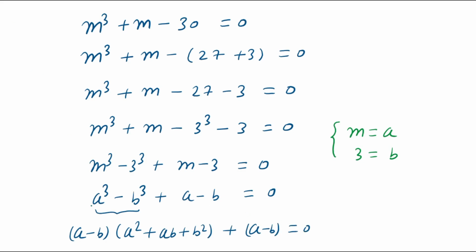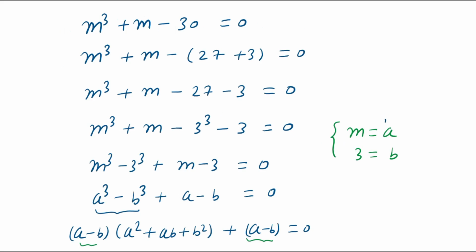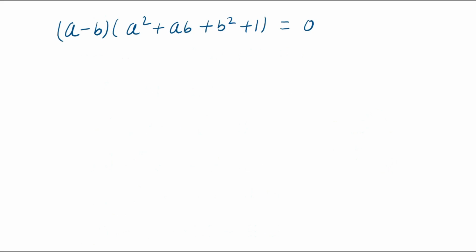Now a - b is common. If we take a - b common, then you will get (a - b)(a^2 + ab + b^2 + 1) = 0. We know that the value of a is m and the value of b is 3.